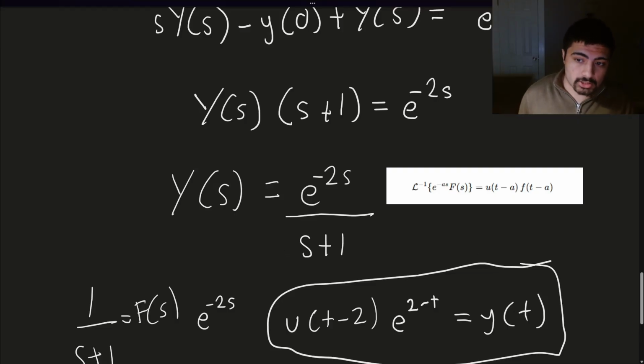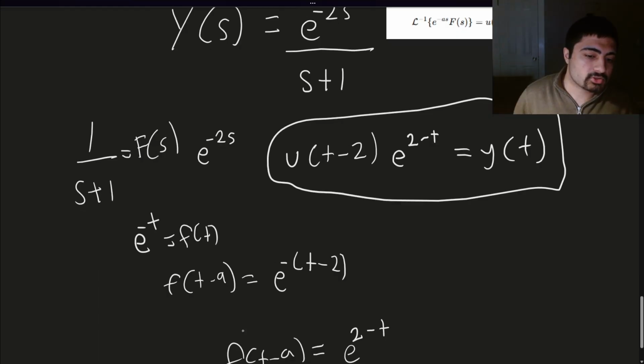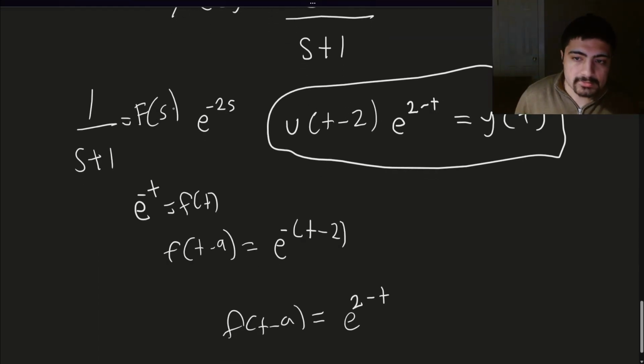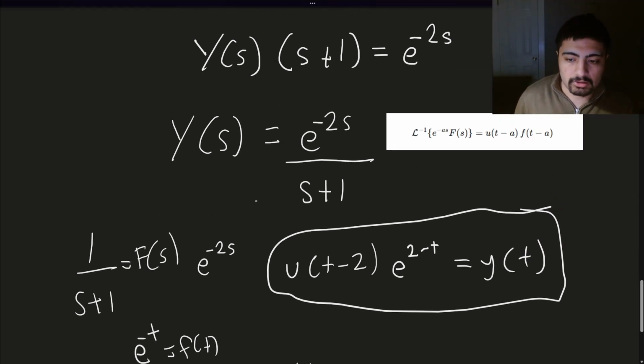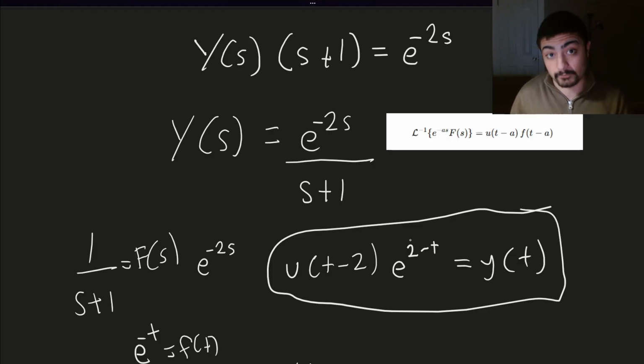But I reminded you guys that the shifting theorem means we're going to work with step functions, and we're going to have a step function in the result and a t minus a as the input of the f function. And we were able to find the respective inverse Laplaces, which generated our final result of u of t minus 2 times e to the 2 minus t as our solution for this differential equation.